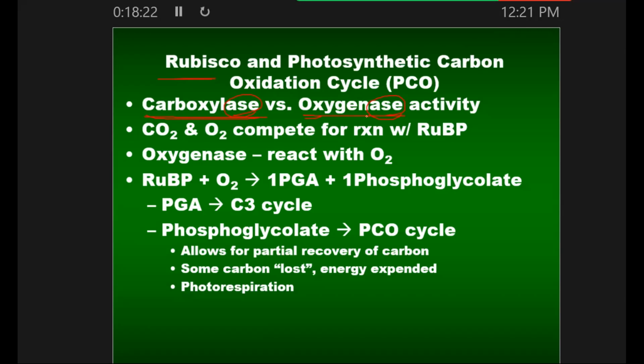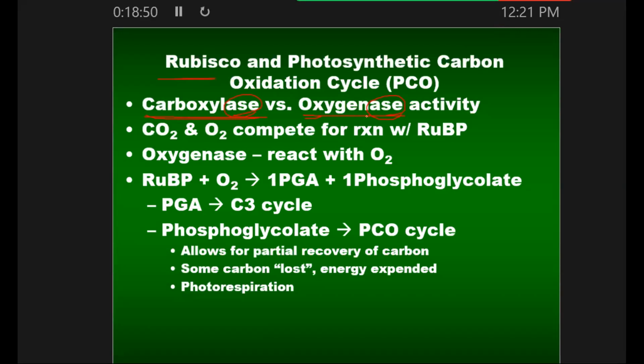The fancy way to say it is its binding affinity is low. It doesn't have a strict, I'm only going to bind with CO2. It's pretty open, like, oh yeah, I'll take oxygen, that's fine. So we say it's a competitive reaction. Either CO2 is going to react with RUBP or oxygen will react with RUBP, the 5-carbon sugar.